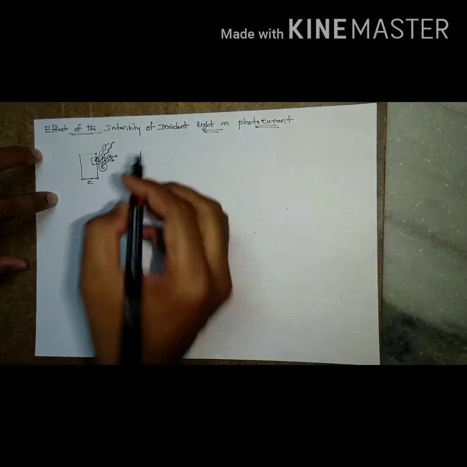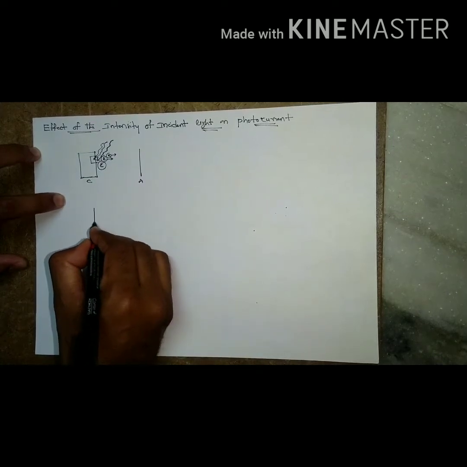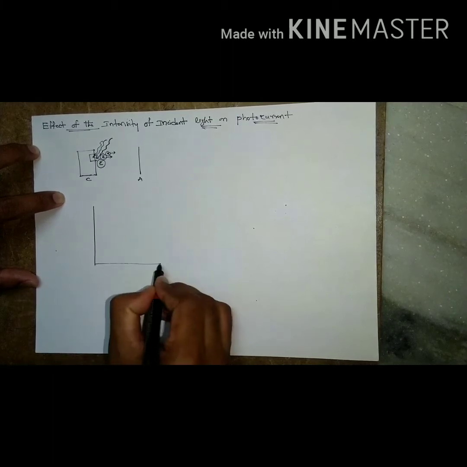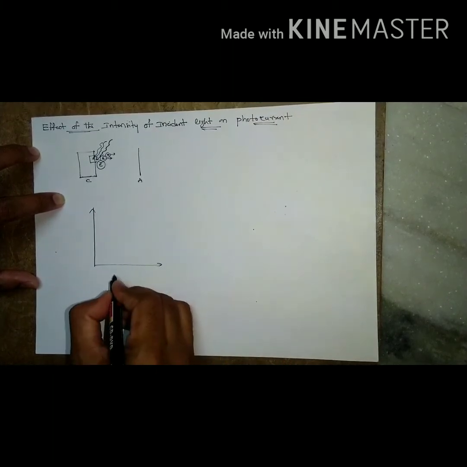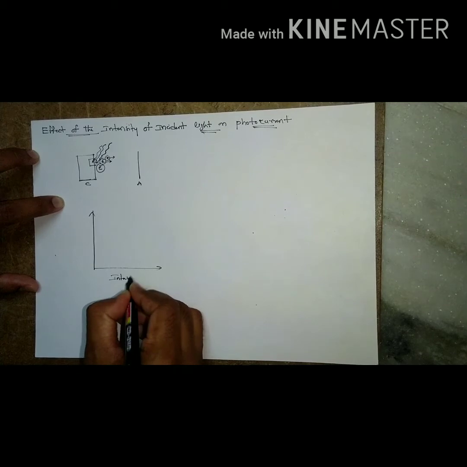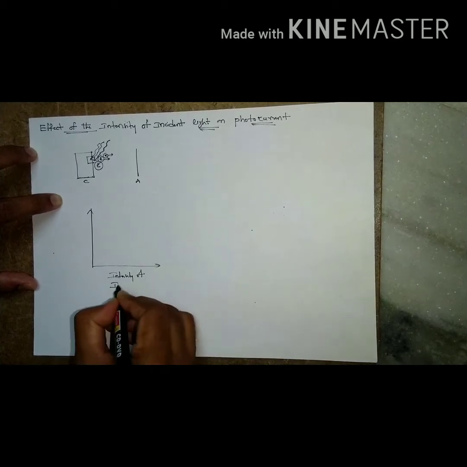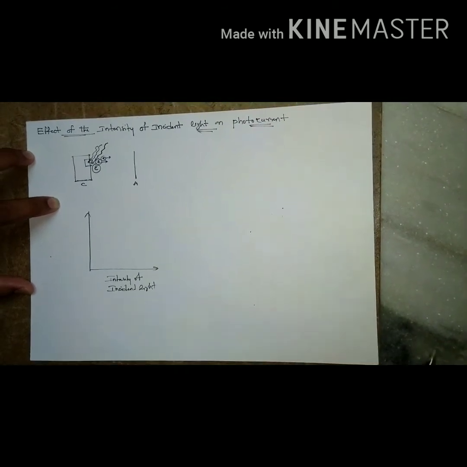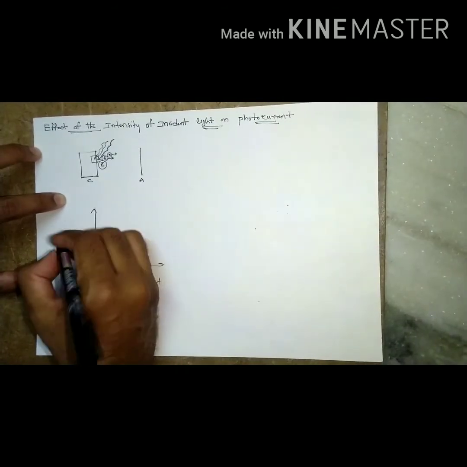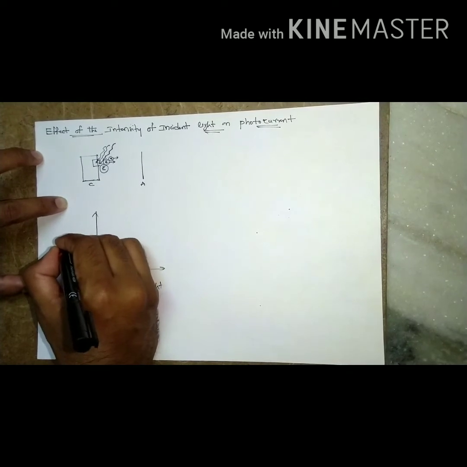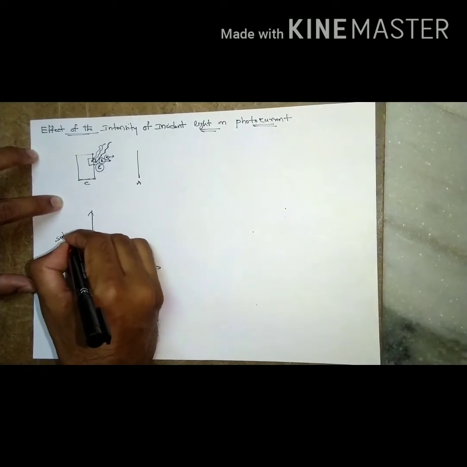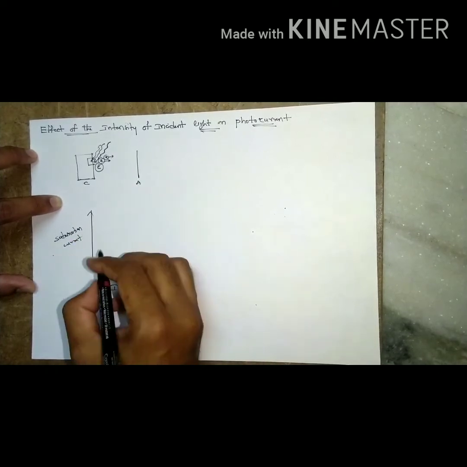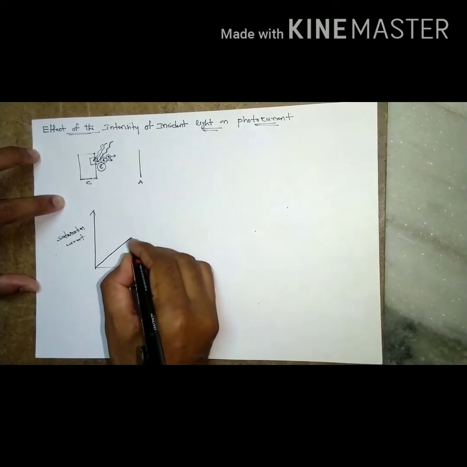So that is why the graph is drawn between photoelectric current and intensity of incident light, with photoelectric current or saturation current on the other axis. The saturation current is directly proportional to the intensity.